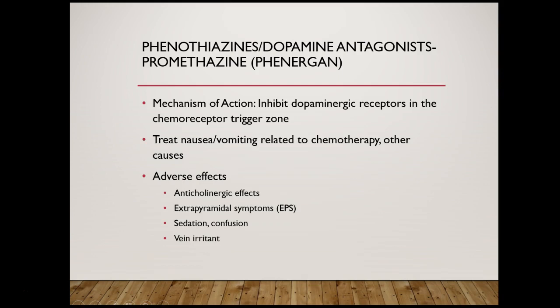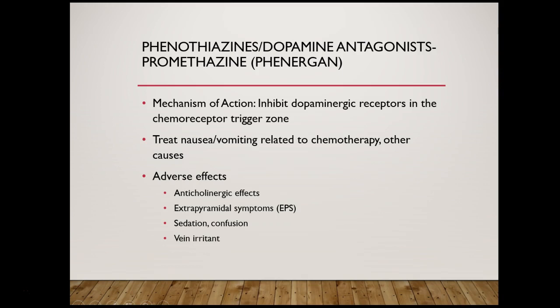The adverse effects include the anticholinergic effects, sedation, confusion, as well as extrapyramidal symptoms. The extrapyramidal effects are related to the suppression of dopamine, and extrapyramidal means that there's some type of movement disorder happening, such as tremors or slurred speech, restlessness, Parkinson-like symptoms.